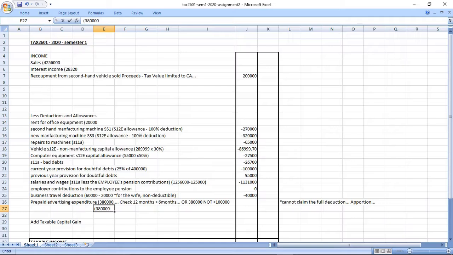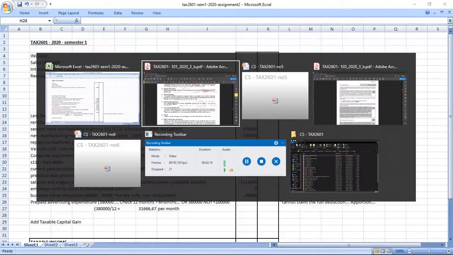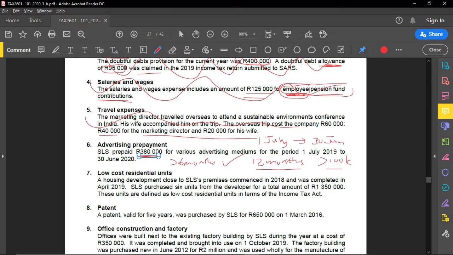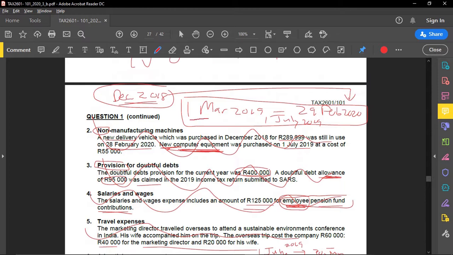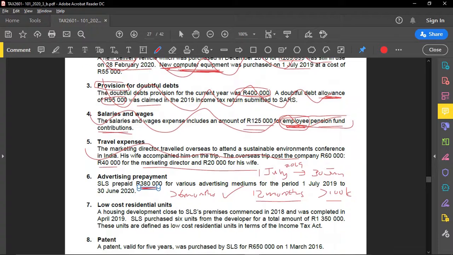Brackets, 380,000, divided by 12 equals, per month. Right, when did we start this? 1st of July, hey? So that was 2019. Right, let's just go look at our year. 1st of March. Okay, so how many months do we have in the year? July is in the middle of the year actually.